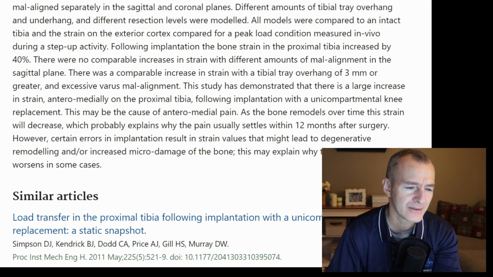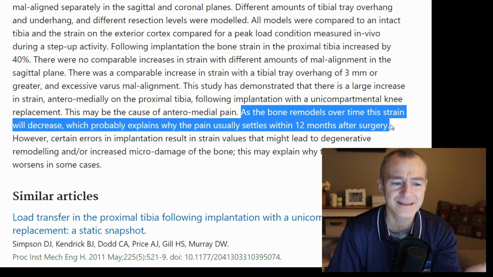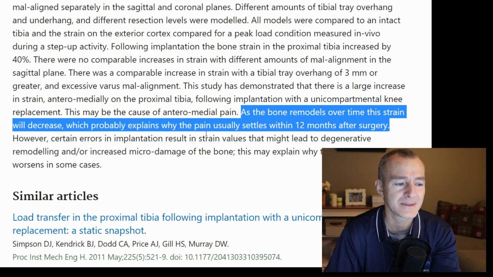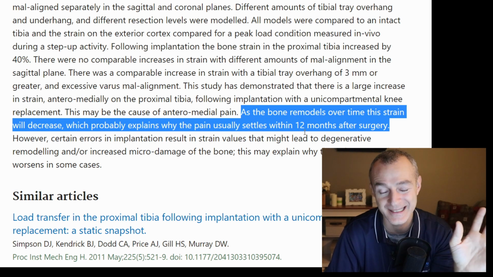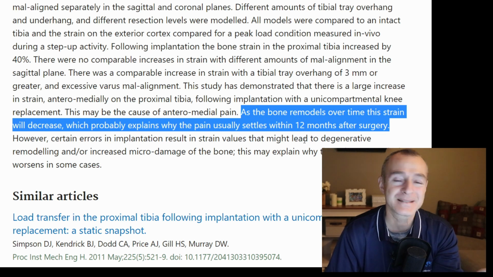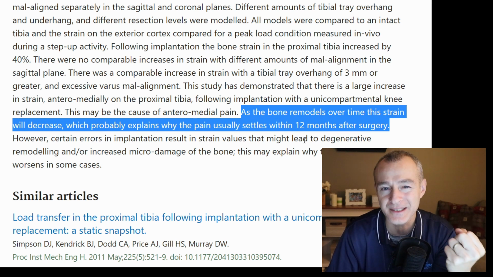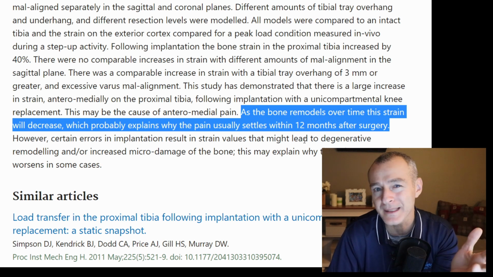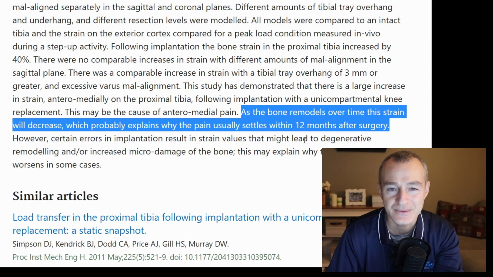And we can see here in the article, it says, as the bone remodels over time, this strain will decrease, which probably explains why the pain usually settles within 12 months. Sorry, guys. I know 12 months feels like a lifetime, but this is typically what we see. Now, I'll tell you practically in the clinic, most of my patients are resolving the shin pain, anterior knee pain, somewhere around the 3-month mark, but certainly 12 months is a reasonable time frame.